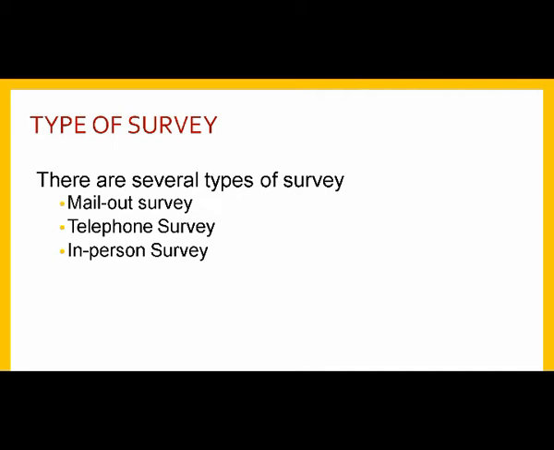To collect quantitative data, there are several types of survey that can be considered. The first one, which is the most commonly used nowadays, is the mail-out survey. A mail-out survey is a form of distribution of survey questions via electronic platform. On the web, there are various e-platforms that we can use, like Google Form, SurveyMonkey, and we can even distribute the questionnaire form through email. So in the current COVID-19 pandemic, I think this is the type of survey that could be the most convenient one.